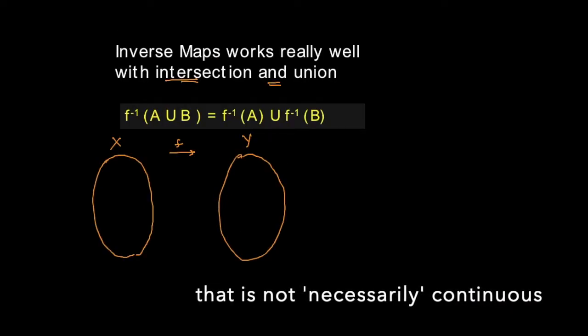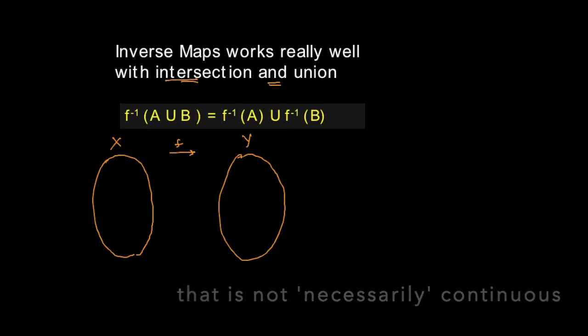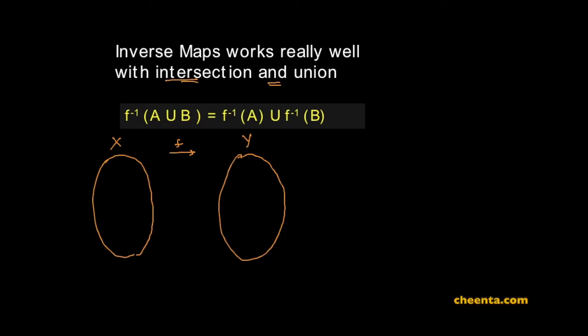It's just a map from X to Y. And we want to show that if you take A and B as two sets inside Y, so they might be disjoint, they could have an intersection, F inverse A union B is equal to F inverse A union F inverse B.